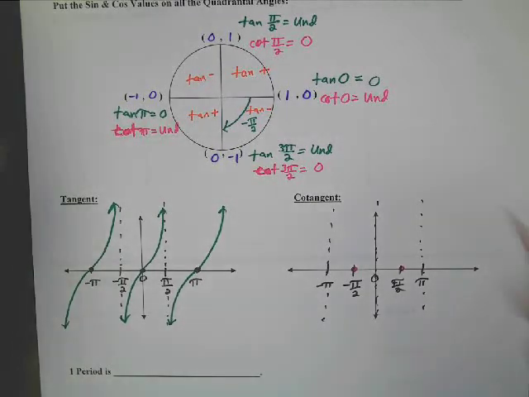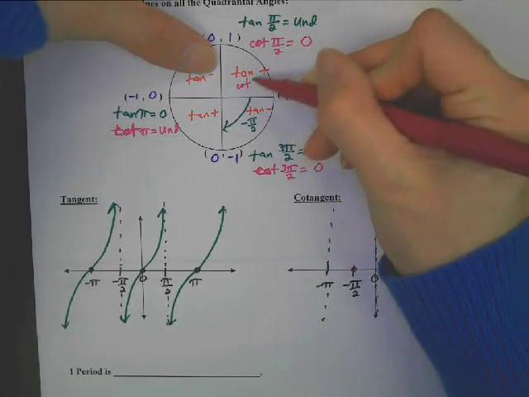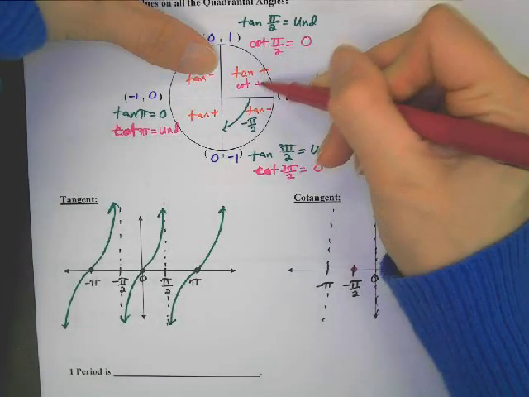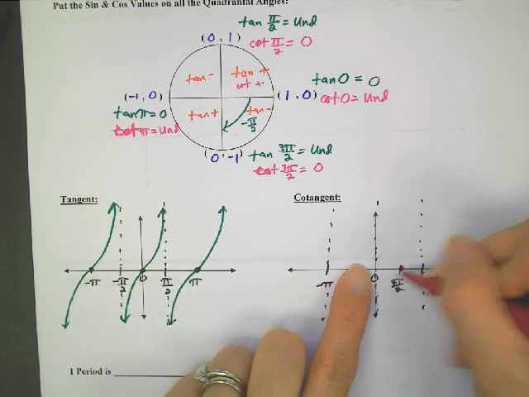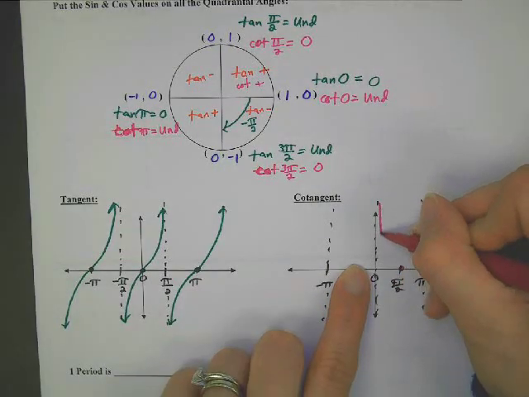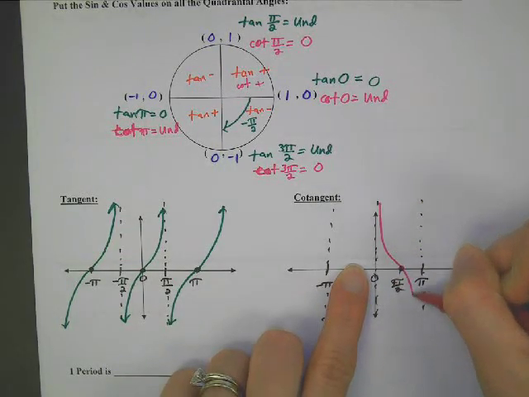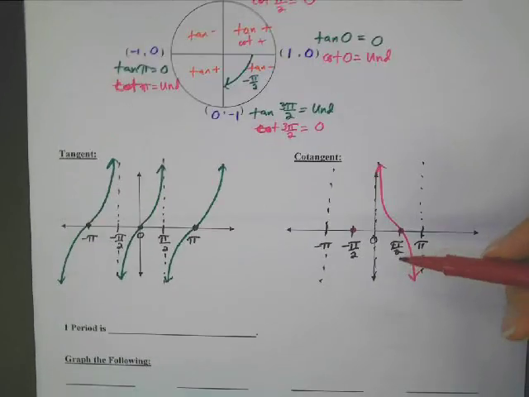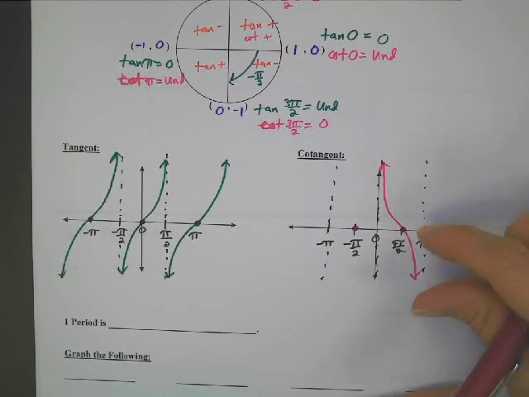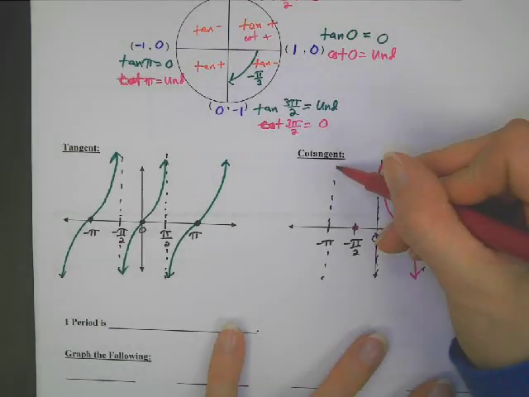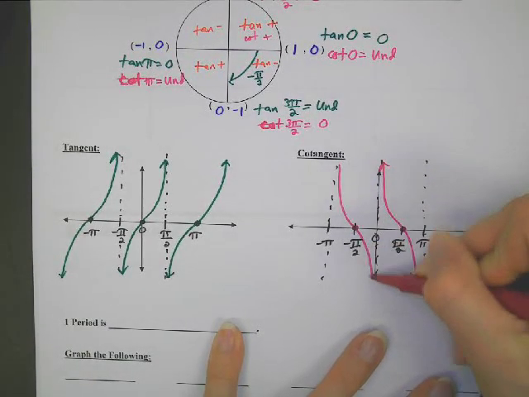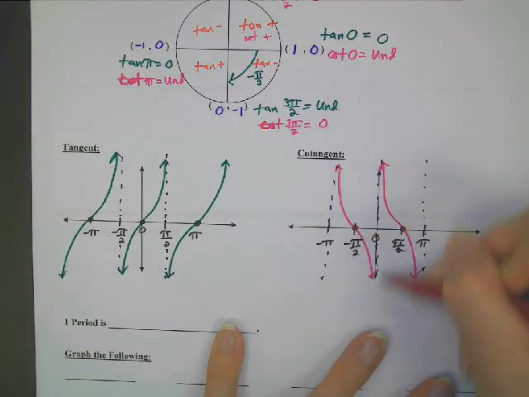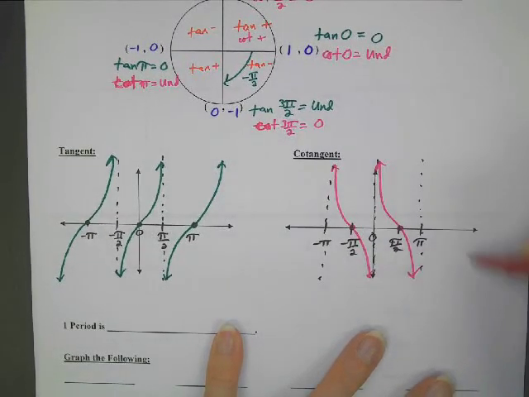Now let's talk about cotangent. Cotangent in quadrant 1 is also positive. So from 0 to pi over 2, it's going to look like this, positive and then negative. A cotangent graph looks like a cubic, but upside down, reflected. Whenever you do these graphs, it's going to be the same way, down to the right.